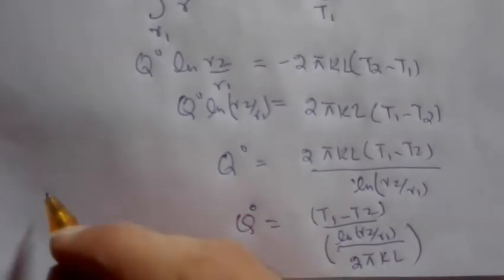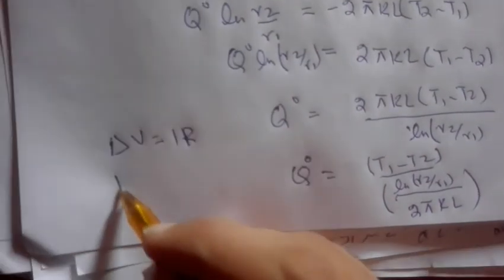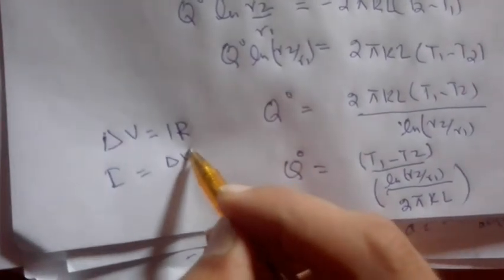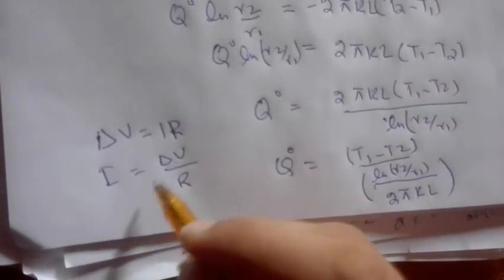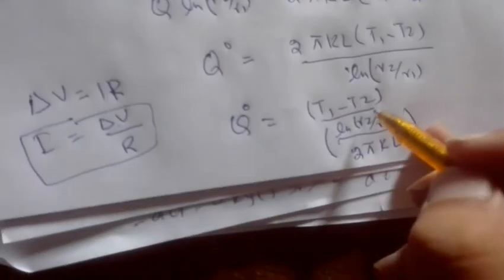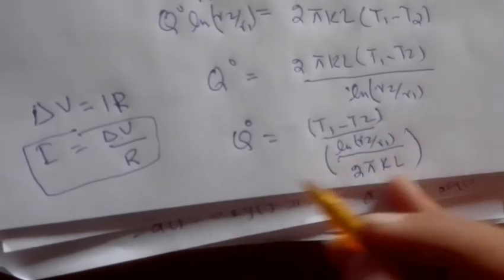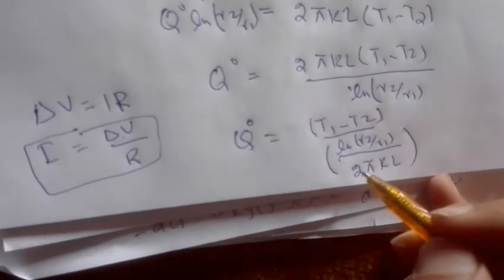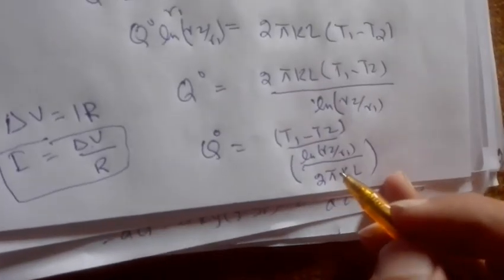As we know from Ohm's law, delta V is equal to I R. Current is equal to the driving force, which is voltage, divided by the resistance. If we compare this relation with that relation, here temperature is the driving force, and ln R2 by R1 divided by 2 pi KL is the resistance to heat transfer.